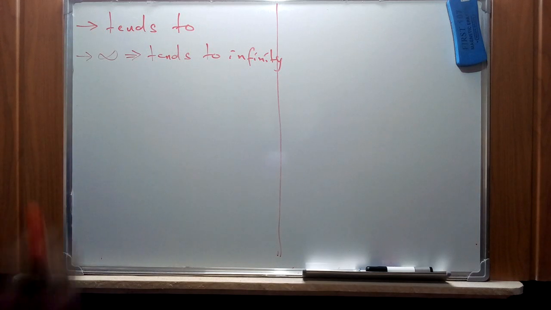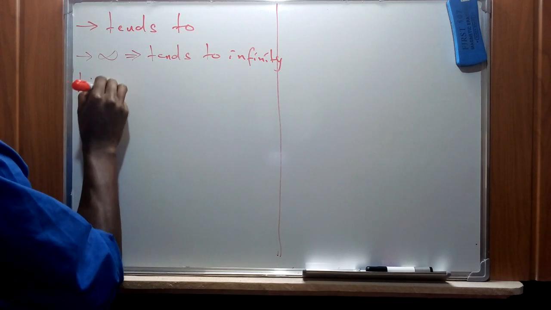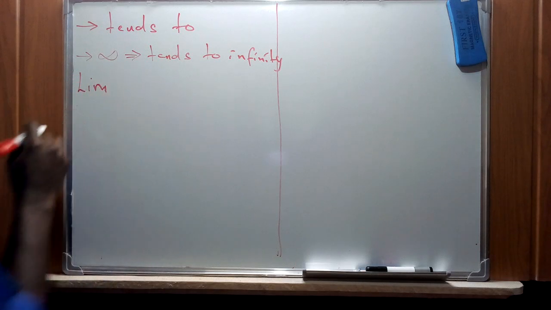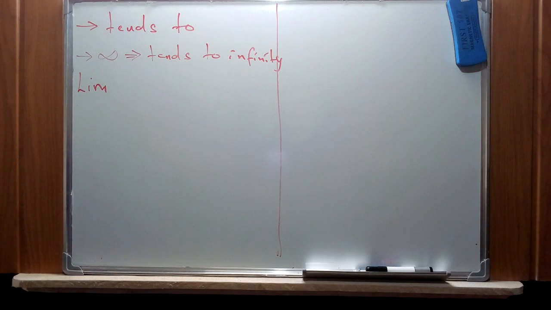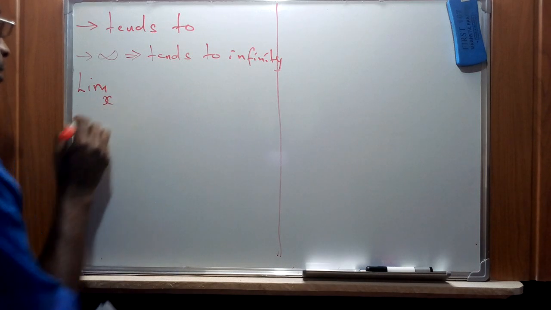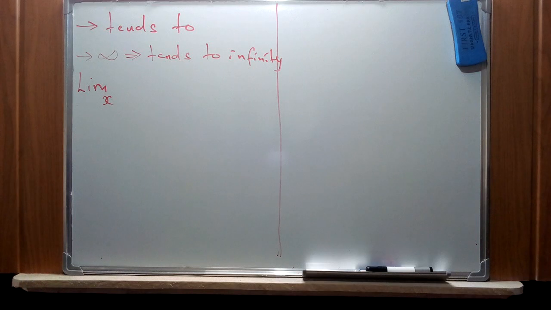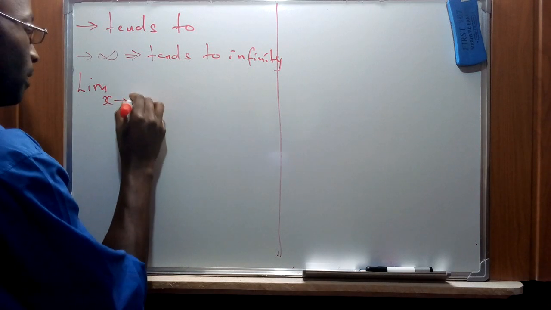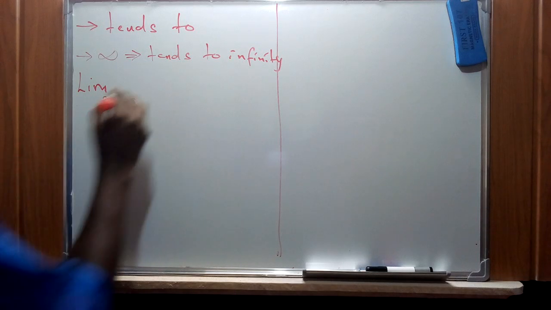Next, this is a term that is used. Now this term lim refers to the term limit. Of course, we're going to see what a limit is, but in this expression, it is written as the short term for limit, lim, and then x → a of f of x.